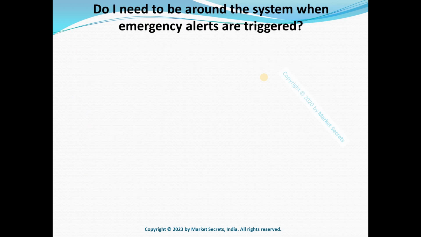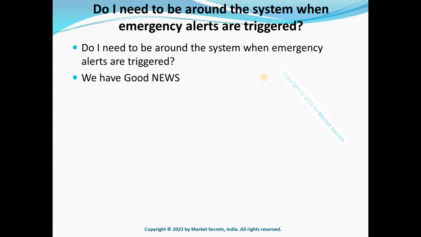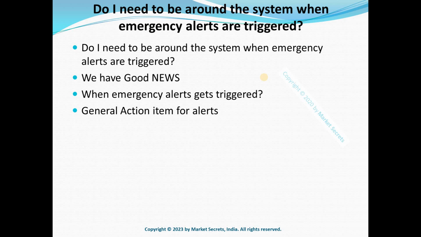Now, they need to be around the system when an emergency alert is triggered. Like I mentioned, once in a few weeks or once in a few months, something might go wrong. The system might be down, your internet might be down, or your brokerage might be having some issues, and in that case, the system will automatically trigger the emergency alert. We do have a contingency plan for such issues.